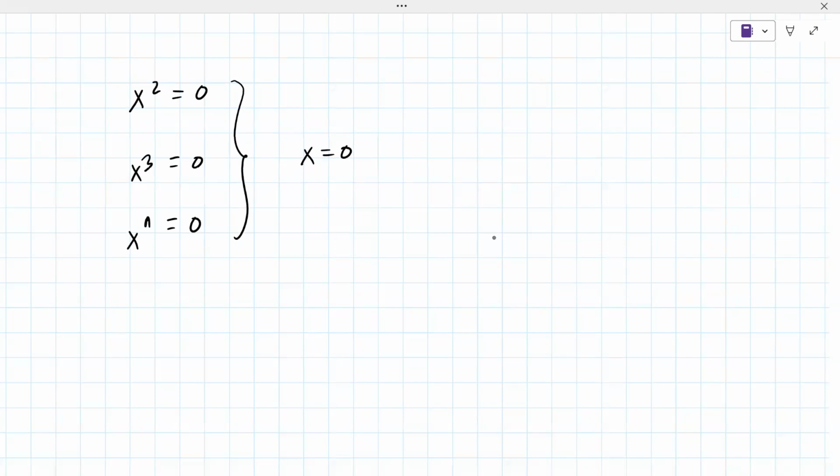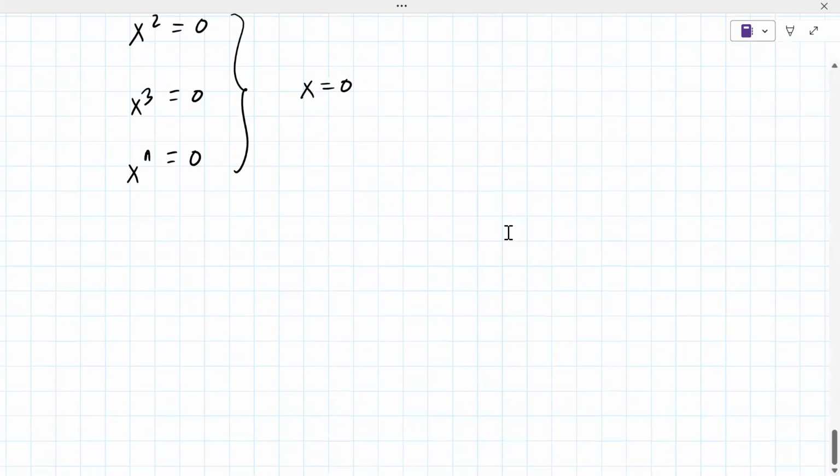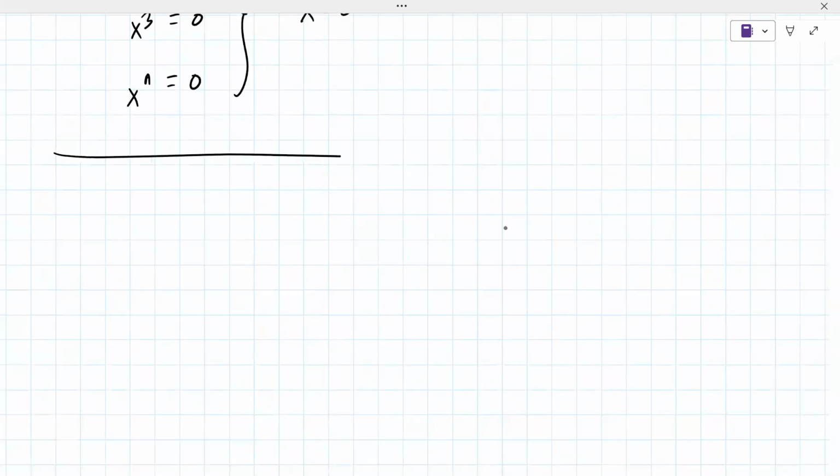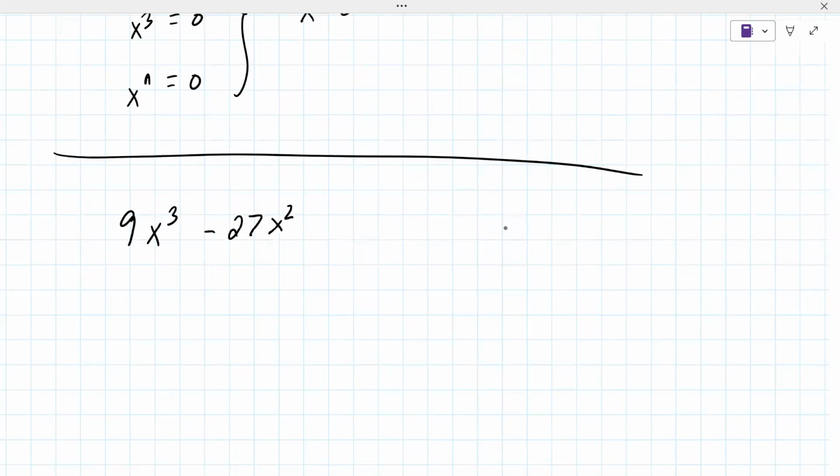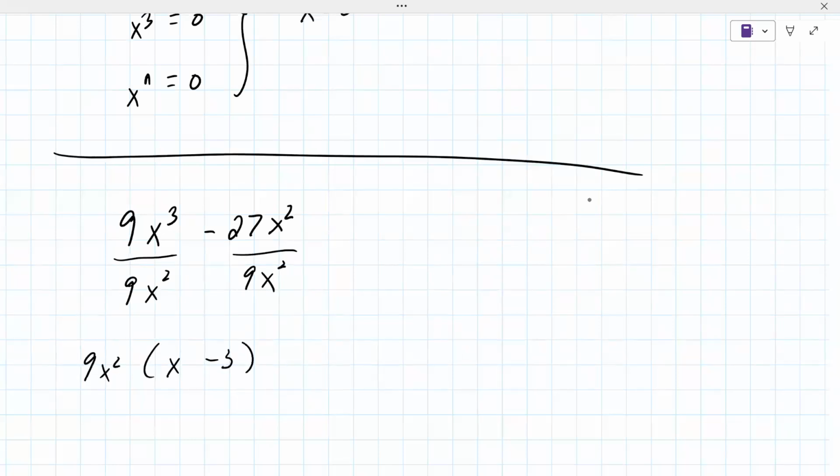Because what I've done here is I haven't given any problems where you factor out more than an x. But let's say it's something like 9x cubed minus 27x squared. You can factor out of both a 9x squared. So it becomes 9x squared times x minus 3.